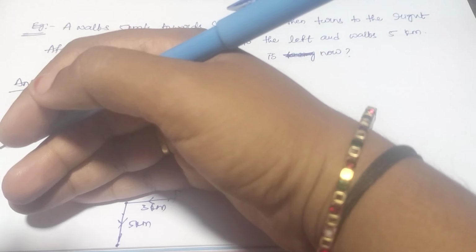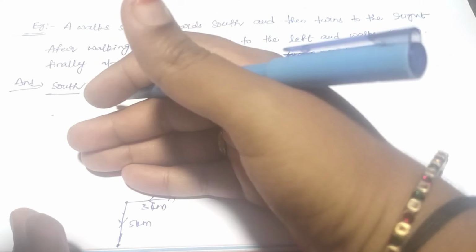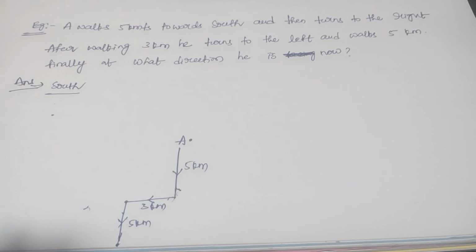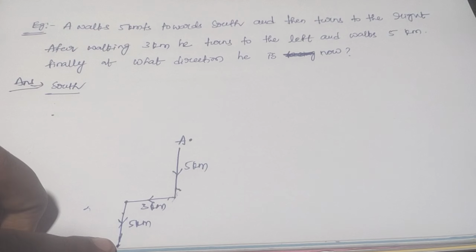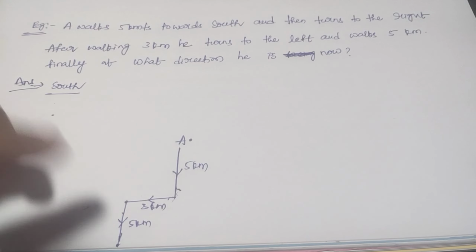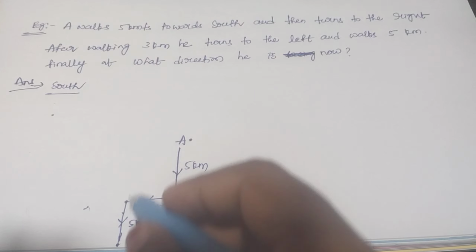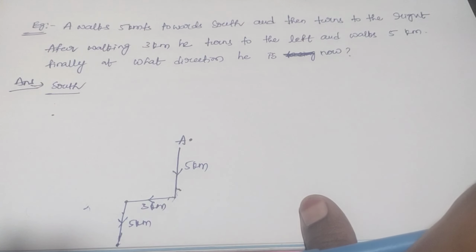Again he turns to the left. This is the left and this is the right. Now we have to go downwards. Why? Because A is walking left side, right? Now 5 kilometers. Finally, in what direction is he? Now he is in south direction. The answer is south.